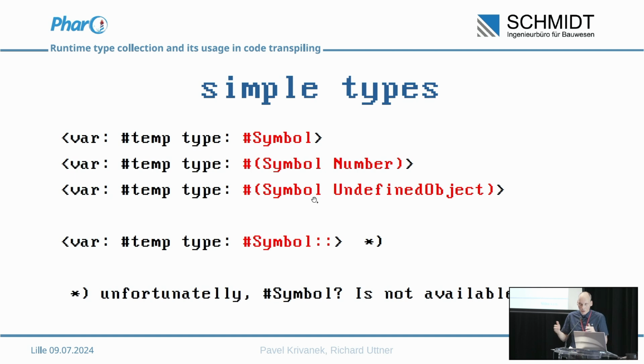Then a very common case is that you need to allow an undefined object. For this, we have a shortcut: you can write a double colon after that. Unfortunately, the question mark is not available because the Pharo syntax doesn't allow it; it's interpreted as two symbols actually, so it's not possible.